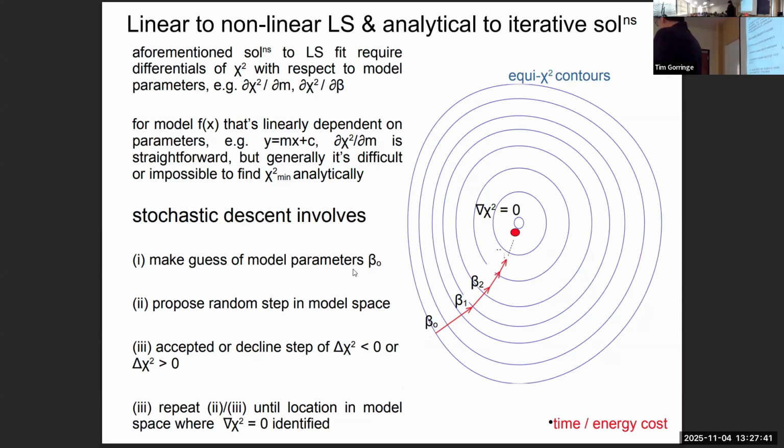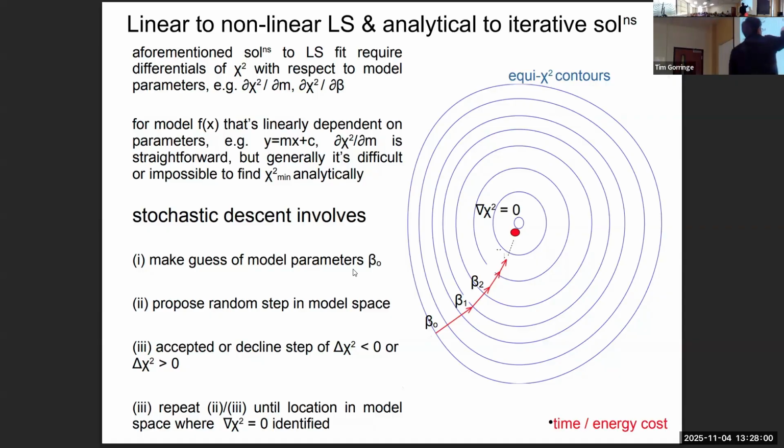We would always accept it if we went down in chi-squared, or energy, or whatever parameter, or we might reject it if we went up in chi-squared or went up in some other parameter.